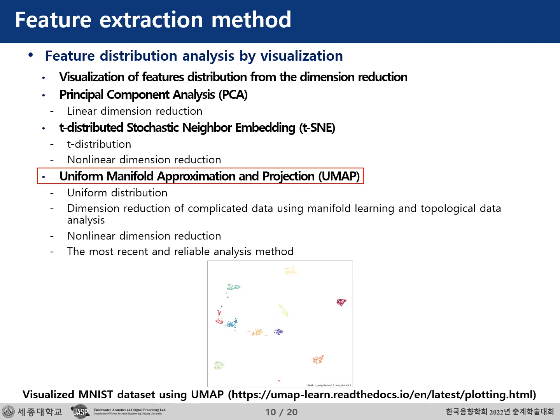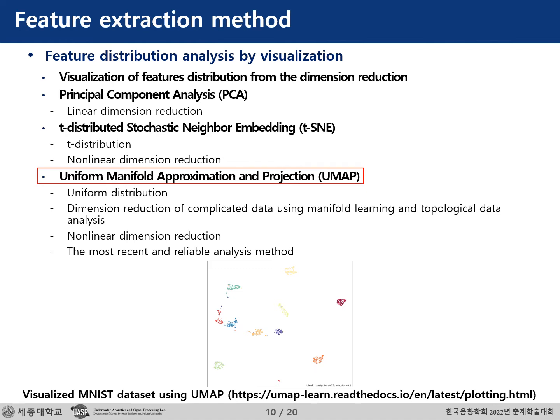I used 3 feature distribution analysis methods by visualization. Principal component analysis. PCA is linear dimension reduction. And t-SNE. t-SNE uses t-distribution and nonlinear dimension reduction. And most importantly, uniform manifold approximation and projection.